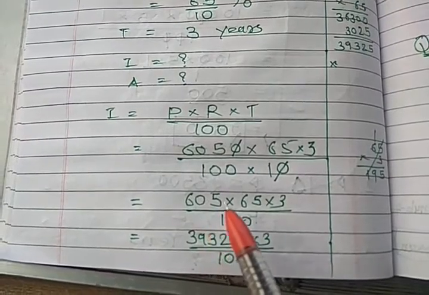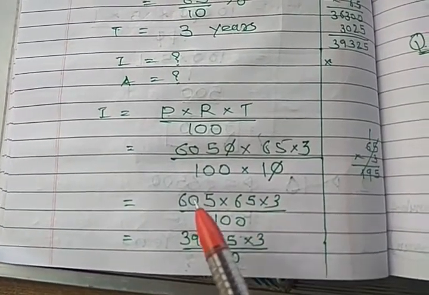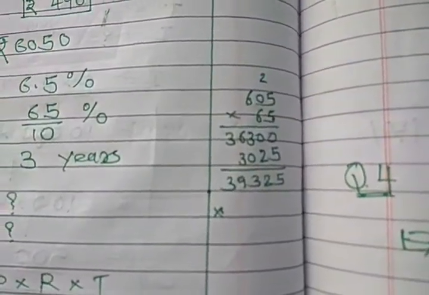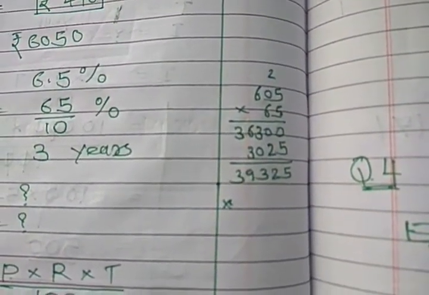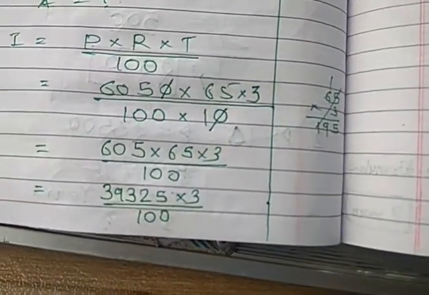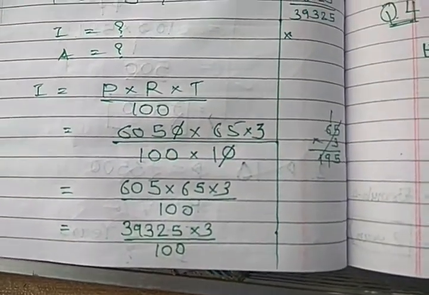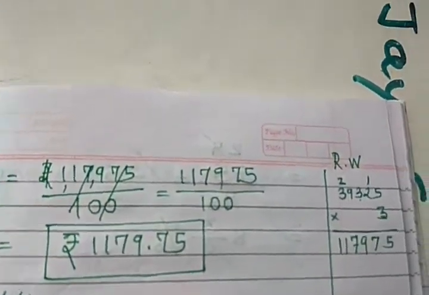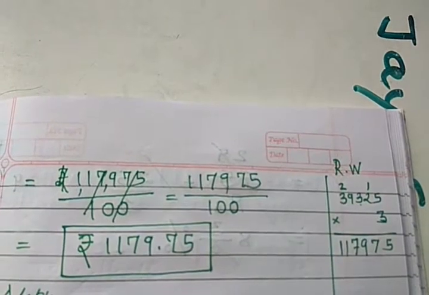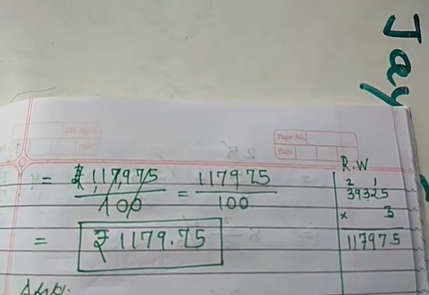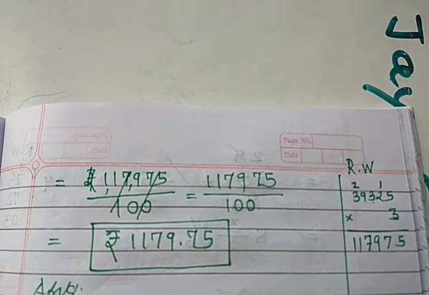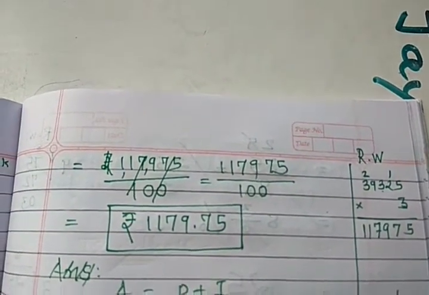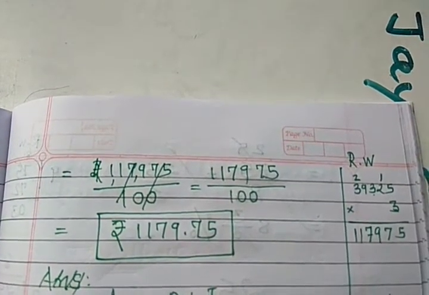Okay, so now you multiply the numerator terms only. 605 into 65 first. You see here 605 into 65, you will get 39325, and then 39325 multiply by 3, you will get 117975 upon 100, right?